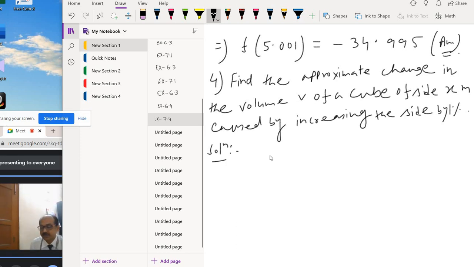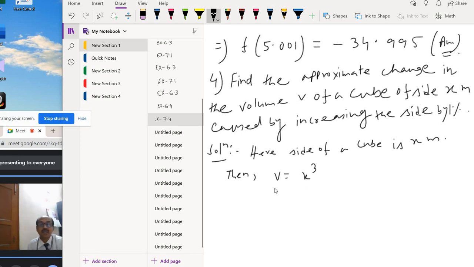Okay, so the side of a cube is given in the question: the side of the cube is x meter. Then V equals x cube, side into side into side. Now its derivative dV by dx equals 3x square.